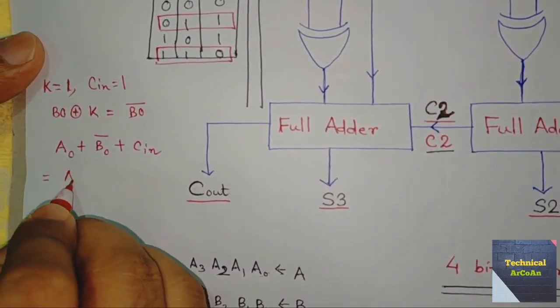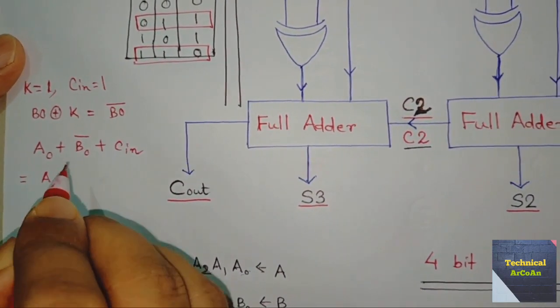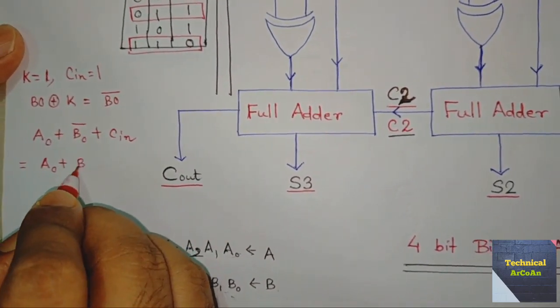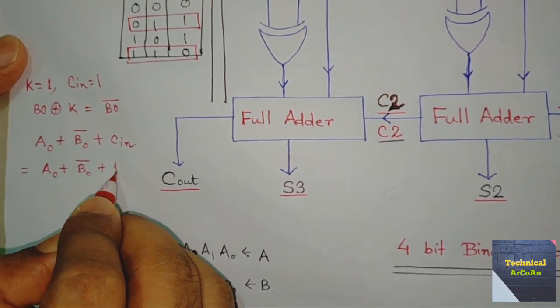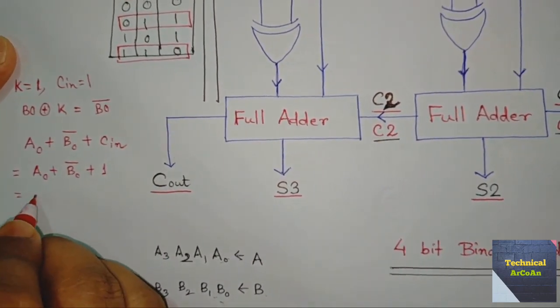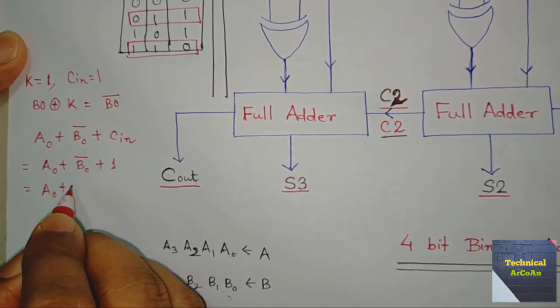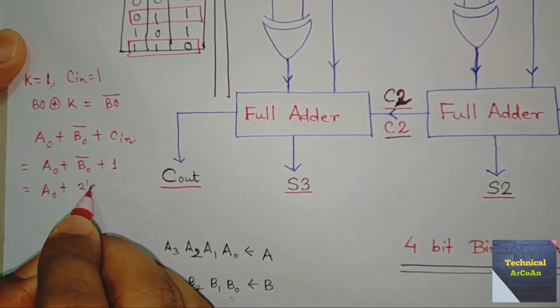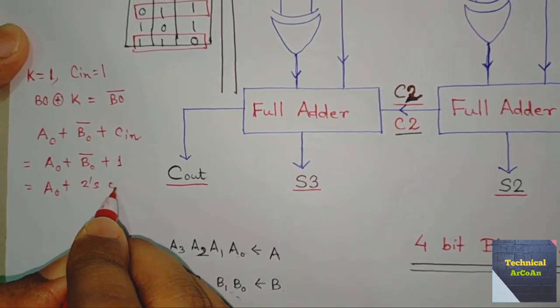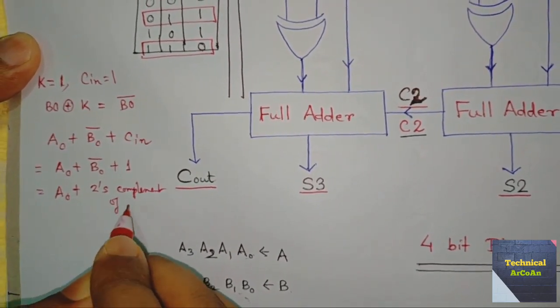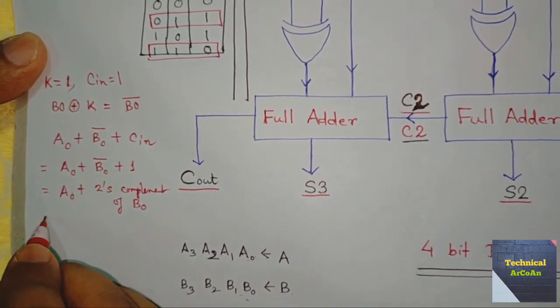Now we write A0 plus B0 complement plus 1, because C in is 1 here. We can write B0 complement plus 1 as the 2's complement of B0. Why?